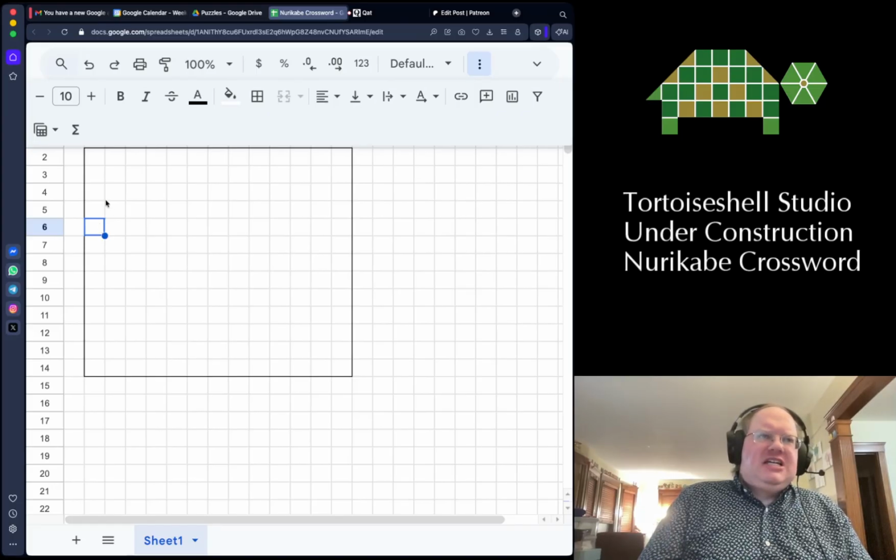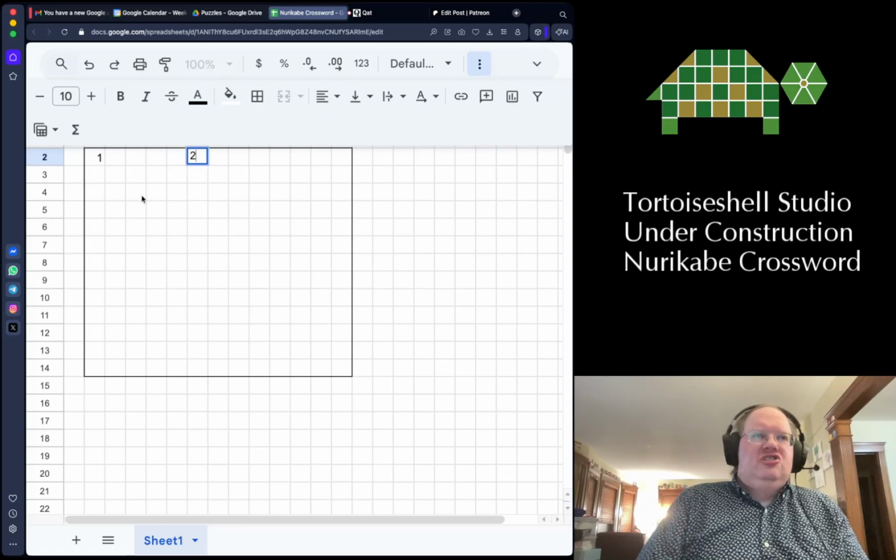And so my crossword variant on it is that I have numbers sequentially in the grid, one, two, three, four, whatever.